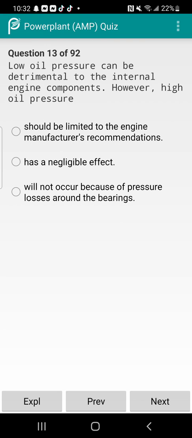However, high oil pressure will... should be limited to engine manufacturers' recommendations.